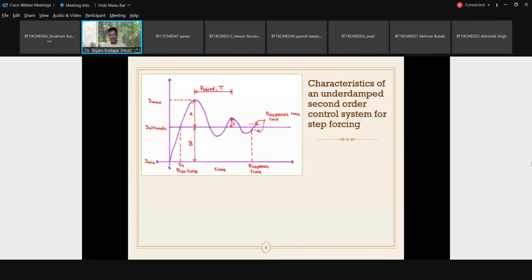Just like sine waves have characteristics, the same is true for the underdamped system. We will discuss its characteristics. Now, students, remember this diagram. Y minimum represents that the system is at steady state. Is this visible?